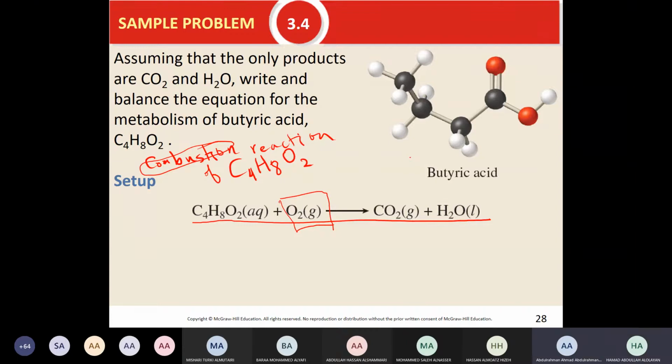The combustion would always result in CO2, right? Yes, very good point. Combustion is always for organic compounds.